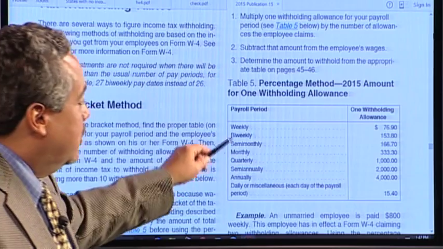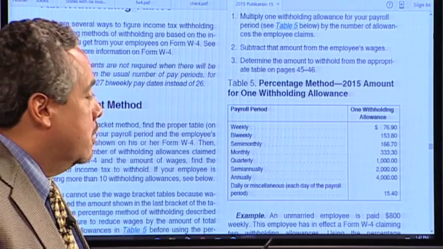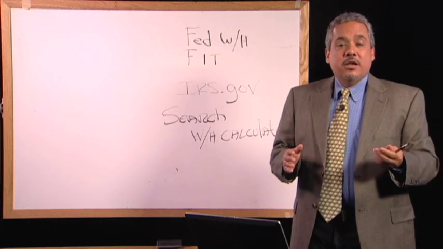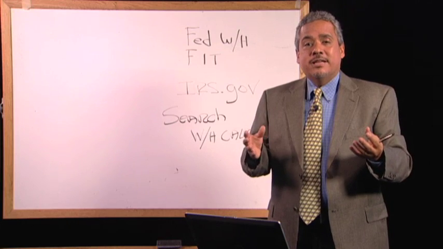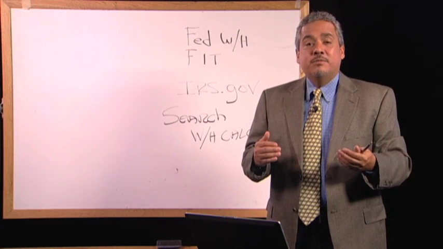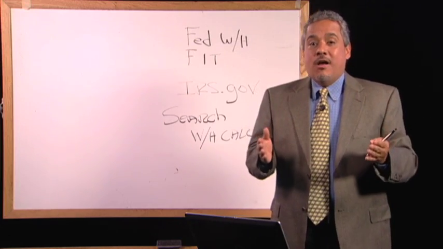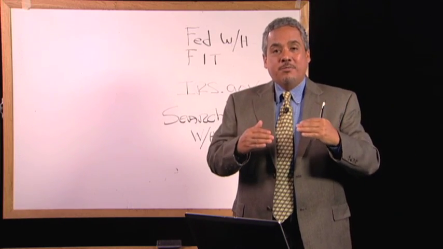Now, if we take a look at these allowances, if you get paid weekly and you claim single and one, you get an allowance of $76.90. So what does that mean? That means on that $76.90, you're not going to pay any federal income taxes. So if you're single and 2, then it's $76.90 times 2, and you will not be taxed on that.